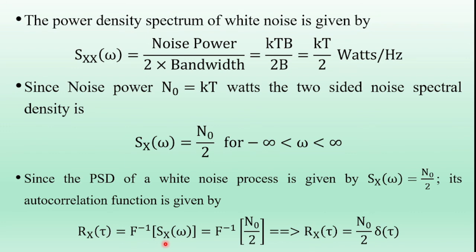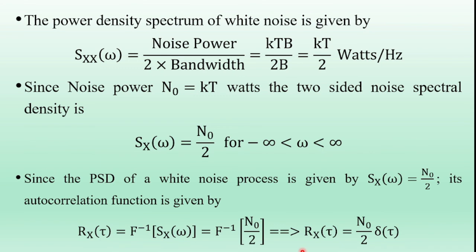We know that here Sxx of omega is N naught by 2. Substituting that value, we get the inverse Fourier transform of N naught by 2. N naught by 2 is a constant, so it is written before: N naught by 2 into F inverse of 1. We know that the Fourier transform of the impulse function is 1, that is, the Fourier transform of del of t is equal to 1.